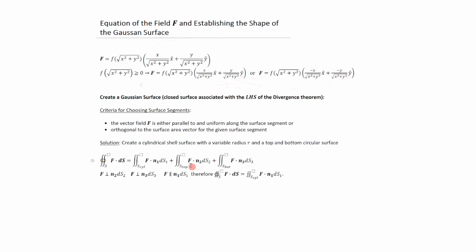And luckily here, the field and the surface area vector are in the same direction, parallel to each other. Therefore, we can say that the closed surface integral of F dot dS is F dot n1 dS, n1 representing the surface area associated with the outer cylindrical surface.